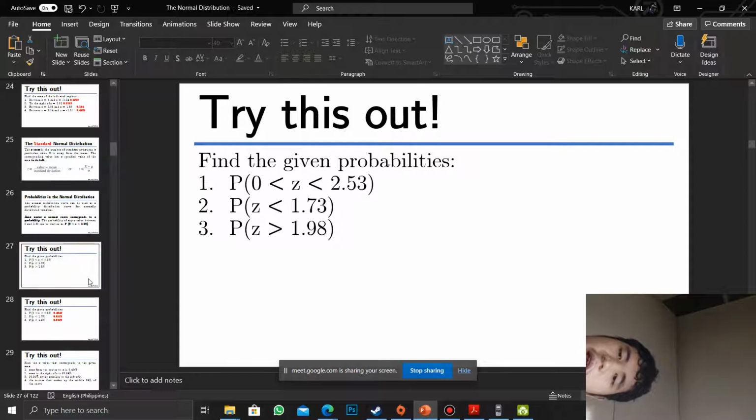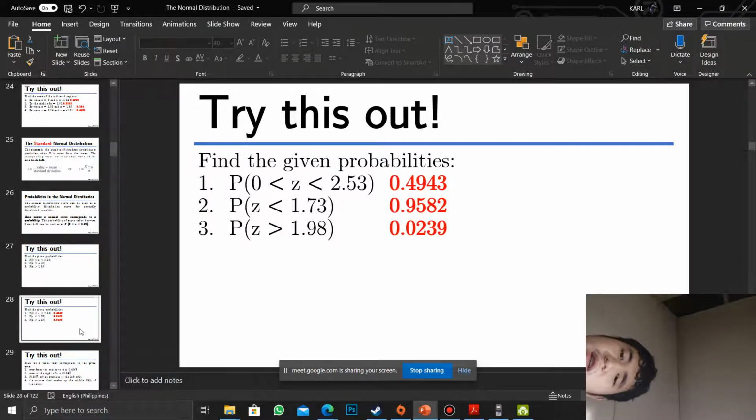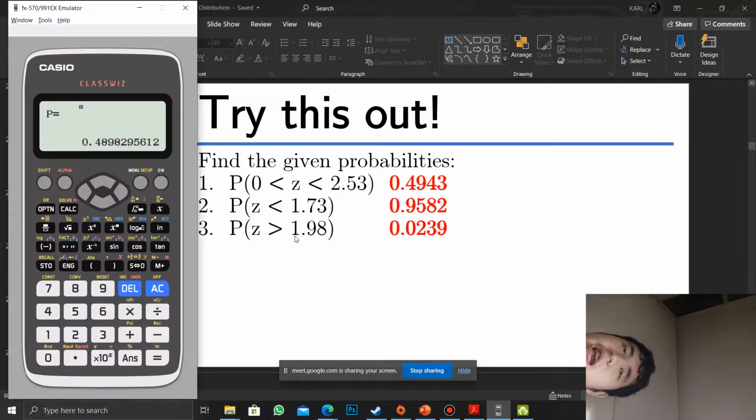Hindi pa nakakabigay. Yes. 0268? Double check your answer. Ako kasi 0.0239. Baka may mali ka. Pero ayan, sige, let's discuss, no? Sandali lang to.